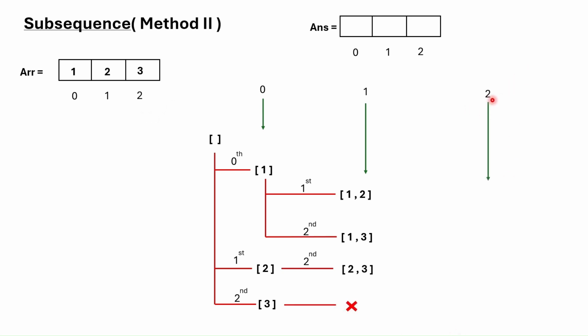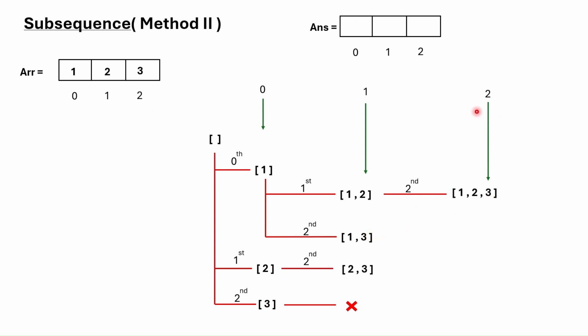So now look for the second index. What all things I can put in the second index of my answer if I have already taken the first index in my subsequence? If I have already taken the first index, I am left with only one choice, to pick 2. So I will pick 2, and if I pick 2, what will I get? 1, 2 and 3. Now look here.